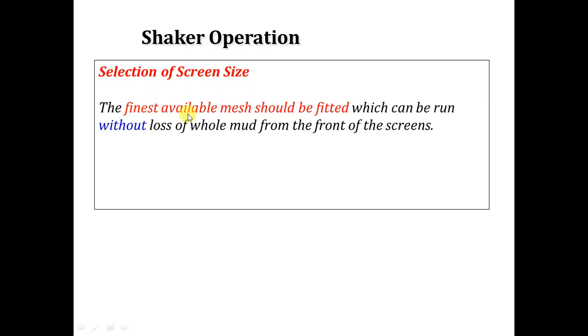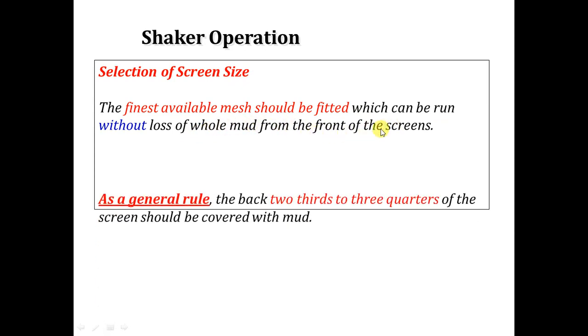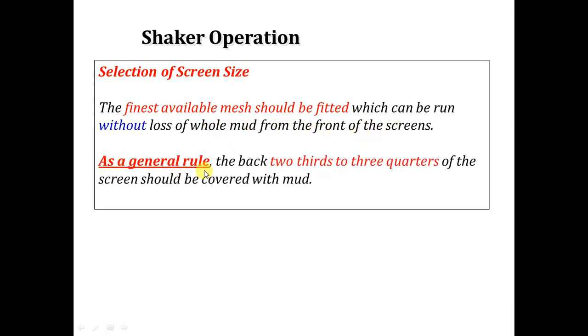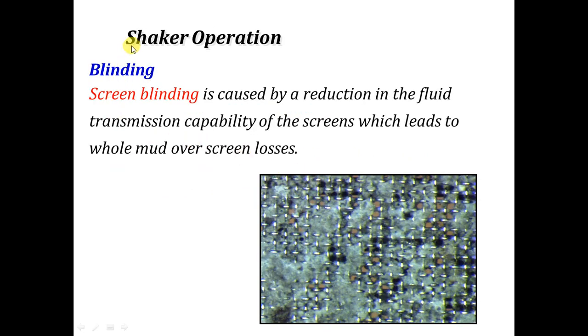The finest available mesh should be fitted, which can be run without loss of the whole mud from the front of the screens. As a general rule, the back 2/3 or 3/4, about 75% of the screen, should be covered with mud, no more than this.